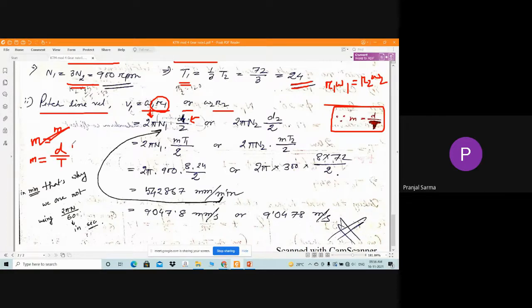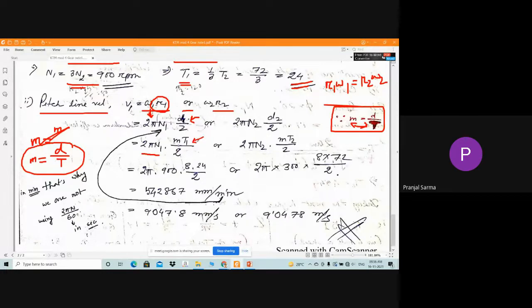So this is the understanding we are using here. In terms of d I can write mt, because m equal to d by t, so d is nothing but m into t.